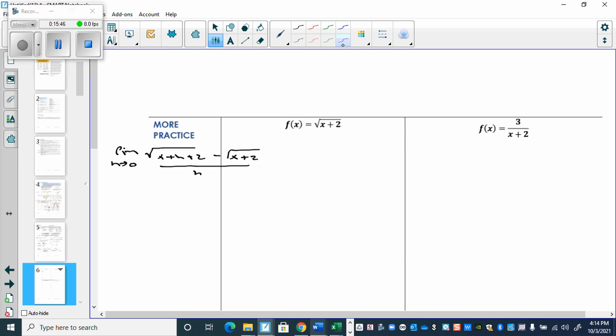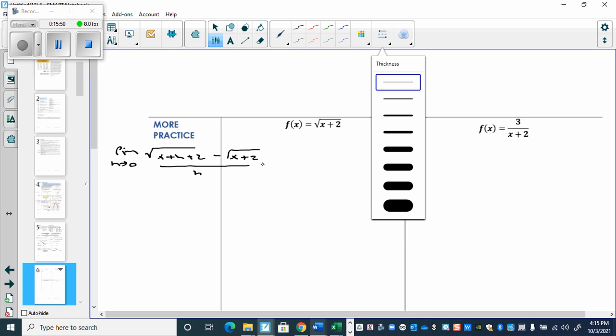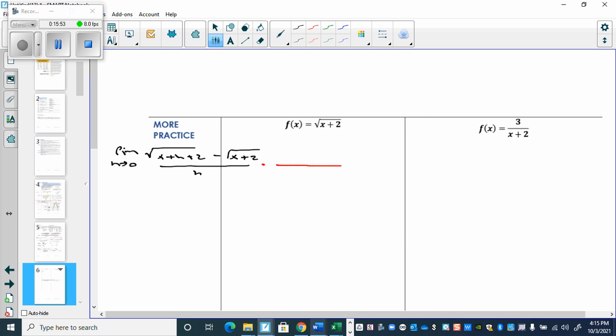So we do the conjugate. We're going to multiply, I'm going to do the conjugate here, the square root of x plus h plus 2.